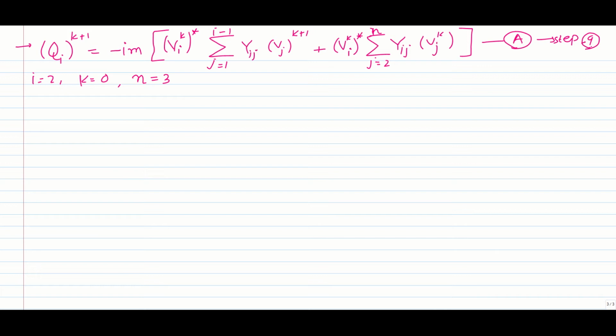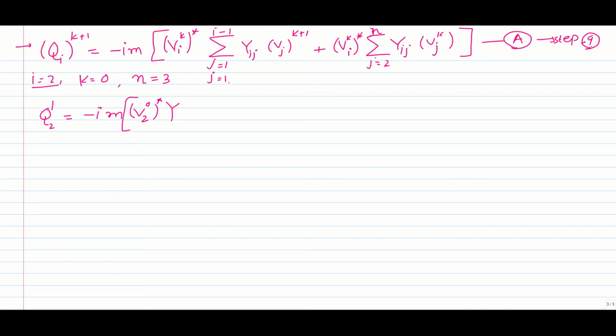We will get Q2 1, which is equal to minus the imaginary portion of V2 0 star into, for the first summation, j is equal to 1 to i minus 1 where i is equal to 2, so j is equal to 1 to 1.